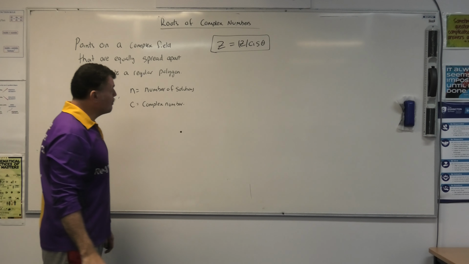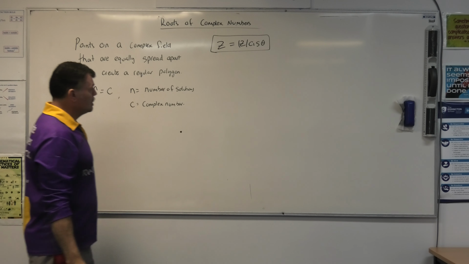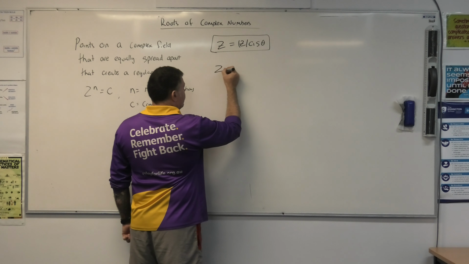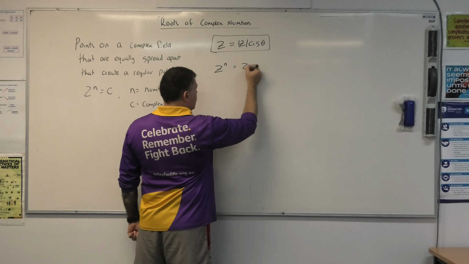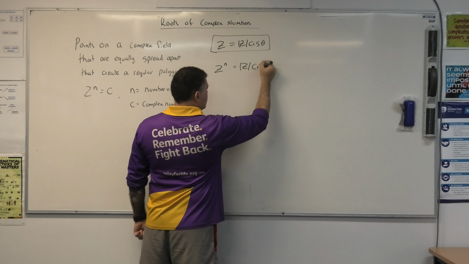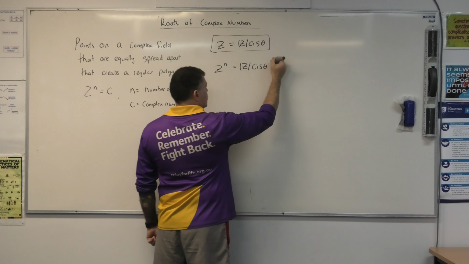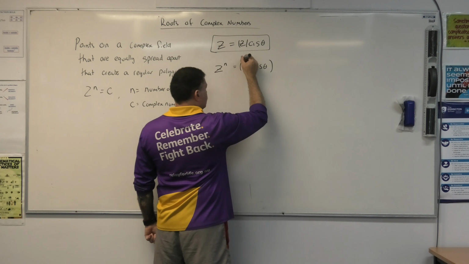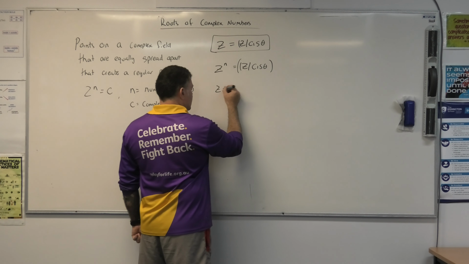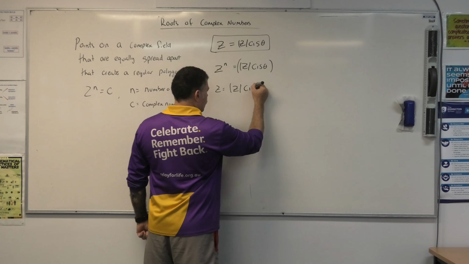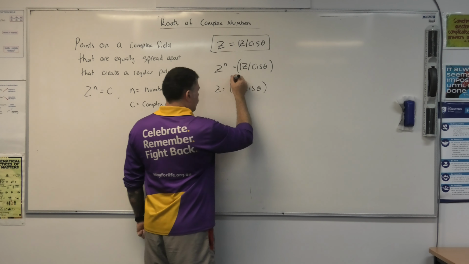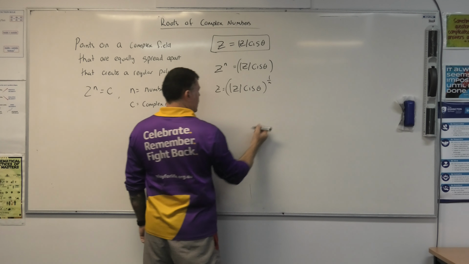But when we're calculating the roots of complex numbers, if we have z to the power of n, then this can be rewritten as z is equal to the one over n.